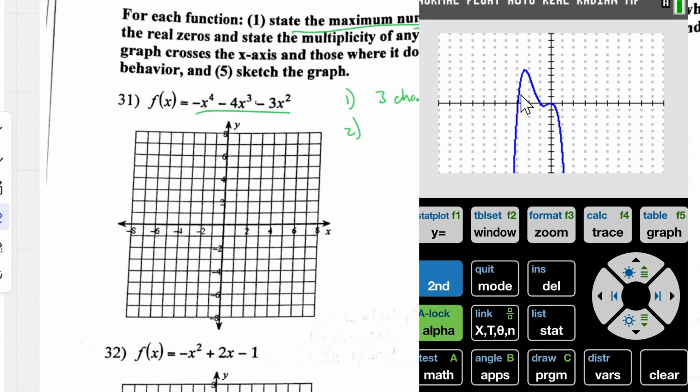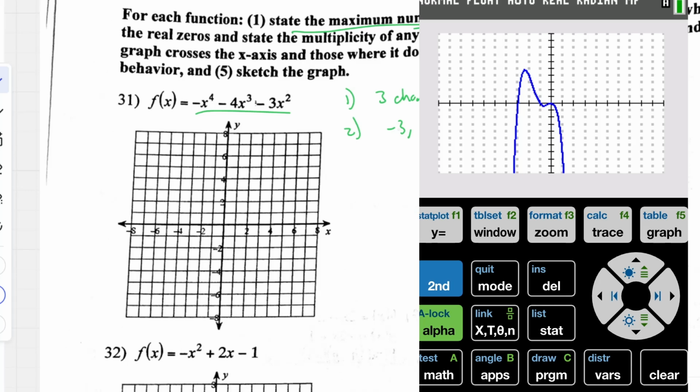I can see it's crossing at x equals -3 and -1 and 0. So I can tell from the graph that my zeros are -3, -1, and 0. And 0 has a multiplicity of 2. I can tell from the graph, so it bounces off the x-axis.